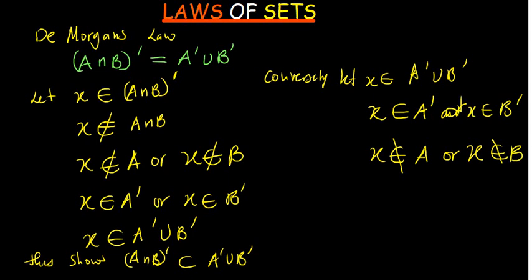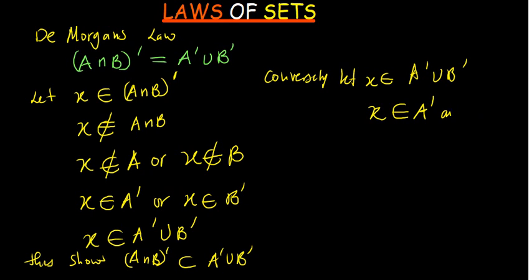So this tells us that X, I've again changed something here. The or is supposed to come first, if we have people who are following, this is union, we're supposed to use or at the start. X is a member of A complement, or X is a member of B complement.